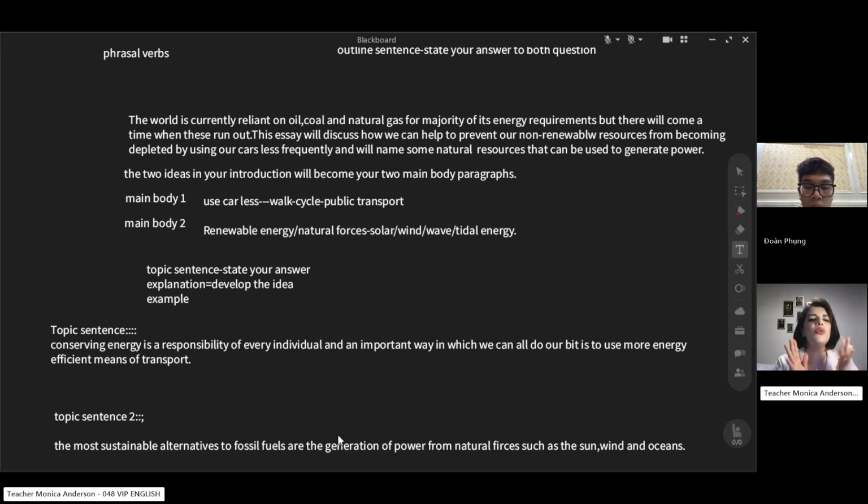Solar and wind power are already widely used across the world. Most people, they're really common. But it's wave power and tidal energy that have the greatest untapped, unused potential to provide for our energy needs in the future.